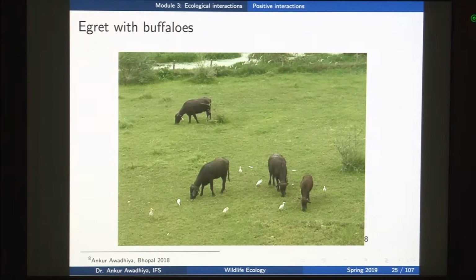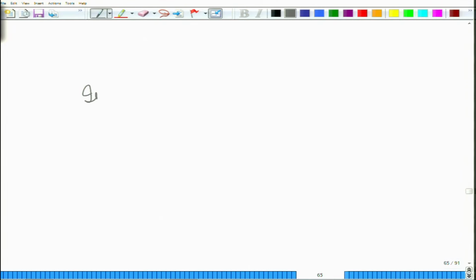So, essentially if you have an insect and if that insect say gives you, let us say 3 calories of energy upon being eaten.